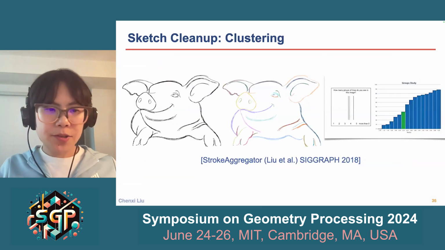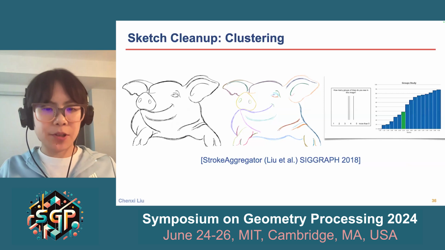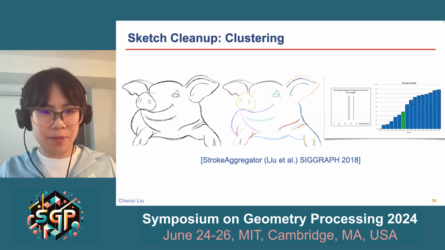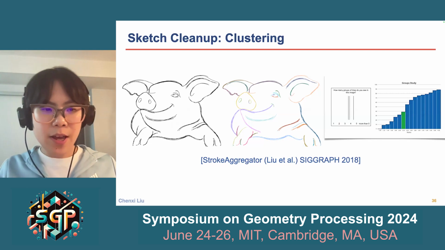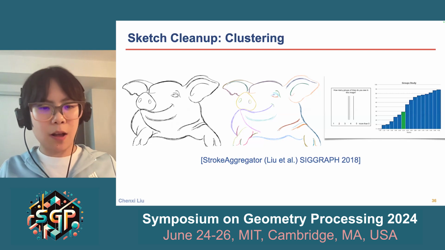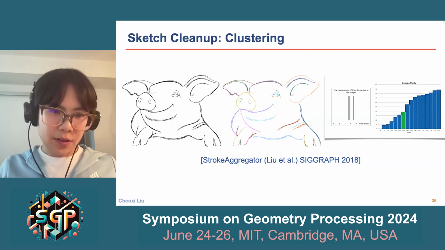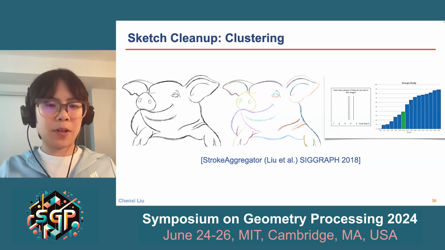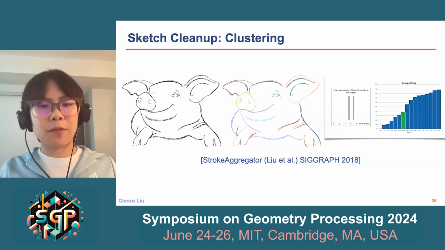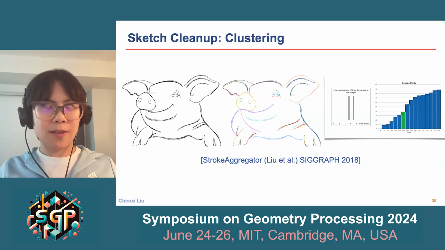A later work, Stroke Aggregator, uses perceptual cues determined by user studies. As mentioned by Misha, perceptual cues are pretty important for this type of task. This work identified a cue of density, which means within the same stroke cluster the density is roughly even, and it is high compared to the spacing between two different clusters.